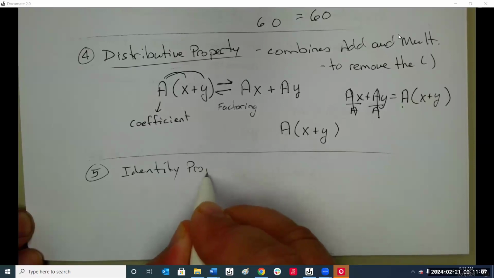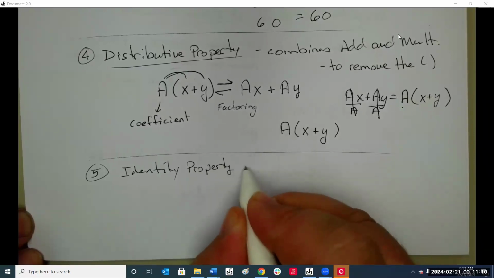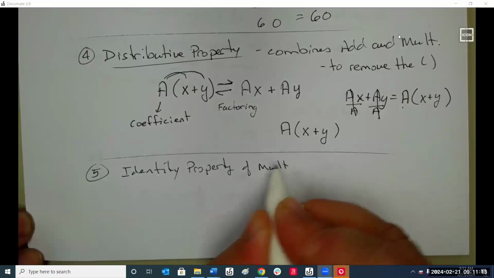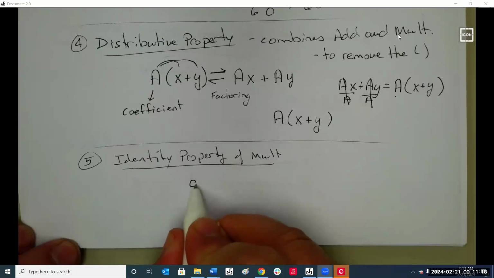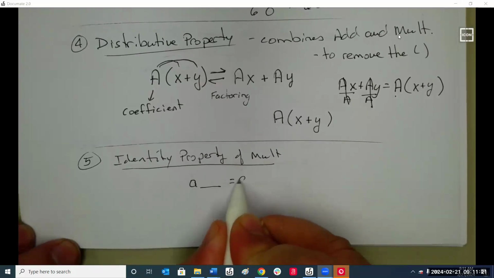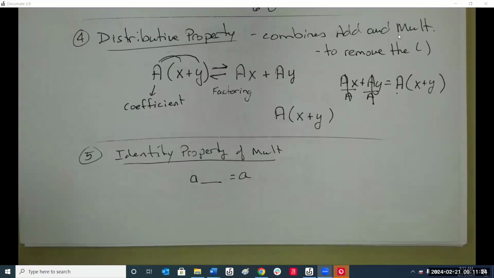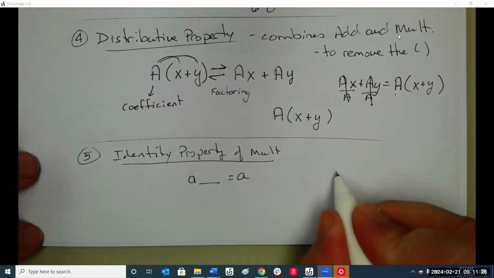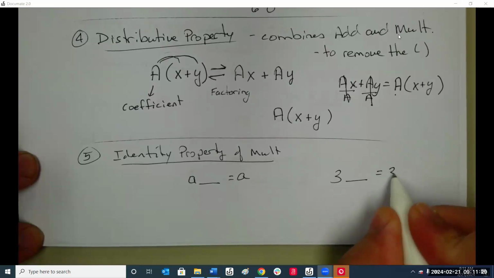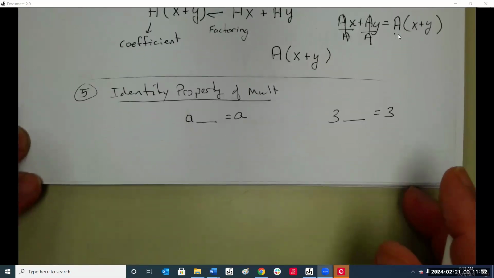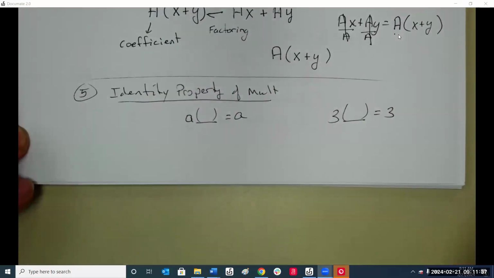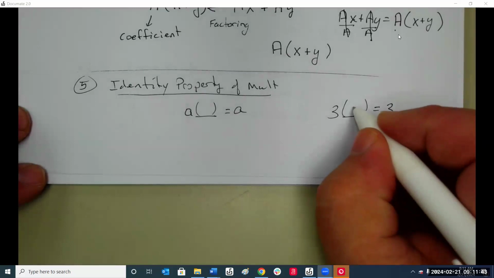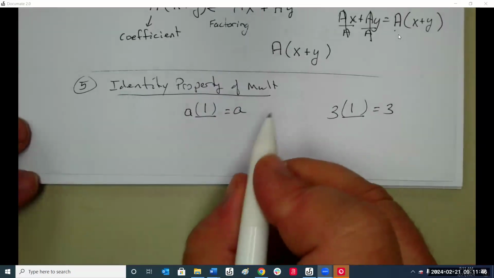The identity property of multiplication. So what times A gives me A? What times a number? So 3 times what gives me 3? Well, you could, but then we haven't even talked about division yet. 1. So anything times 1 is itself.